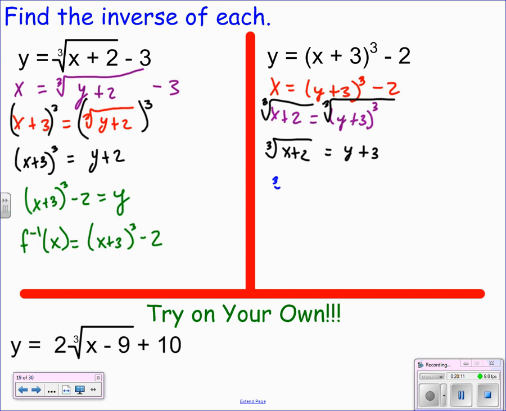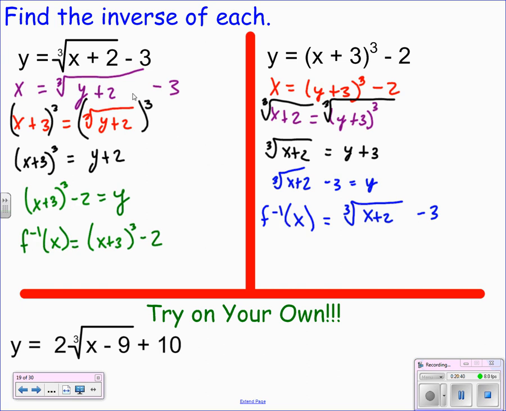So cube root of x plus 2, and then minus 3 not included under the root, is equal to y. So the inverse, f inverse of x, is equal to cube root of x plus 2, minus 3.